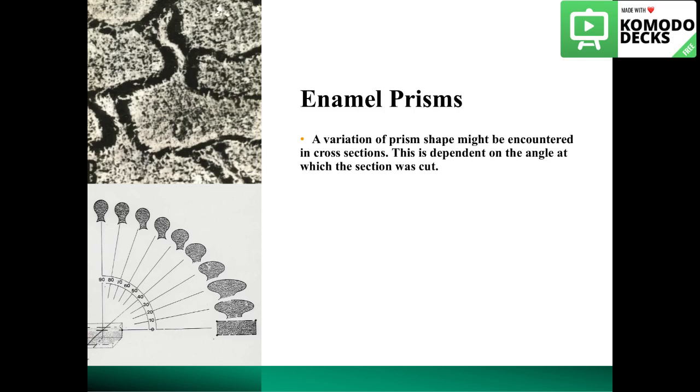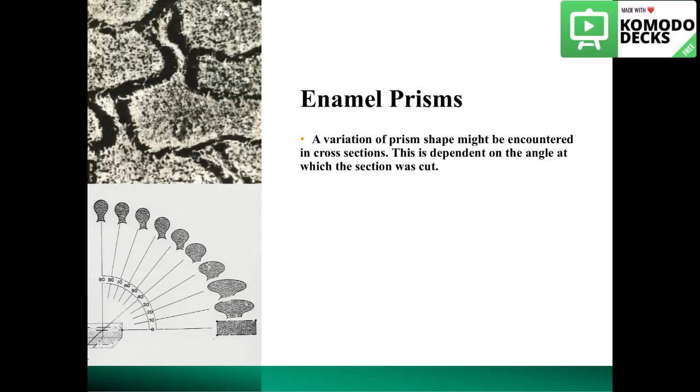Here, it's easier to understand how the shape is different according to the cutting angle in cross-section. When we cut at a 90 degree angle, we get a perfect keyhole pattern. As we go from 90 to 0, the shape of the keyhole becomes more and more circular until we don't have a pattern anymore.